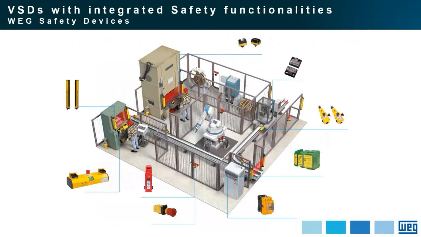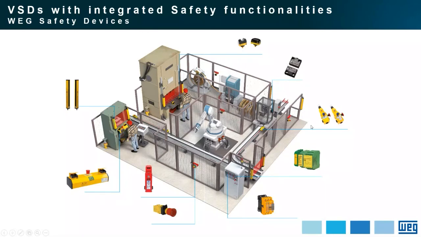Additionally, we spoke about the variable speed drive and how it can optimize all the machines. But it is important to know that WEG has in our portfolio additional safety devices like light curtains. We also have different palm switches to install in different processes and machines, machines that require magnetic sensors or switches.